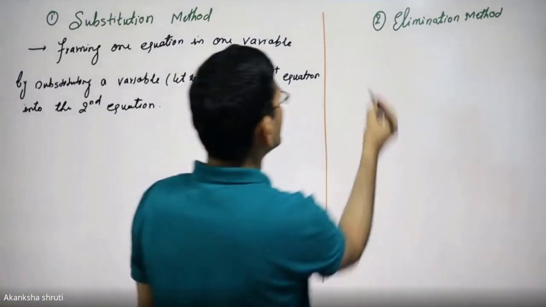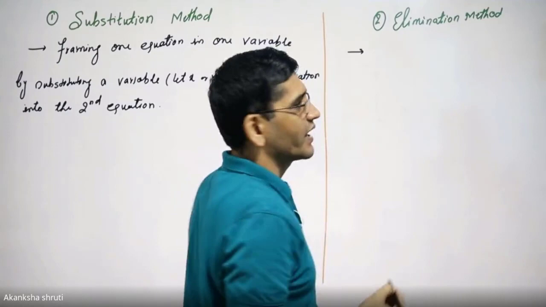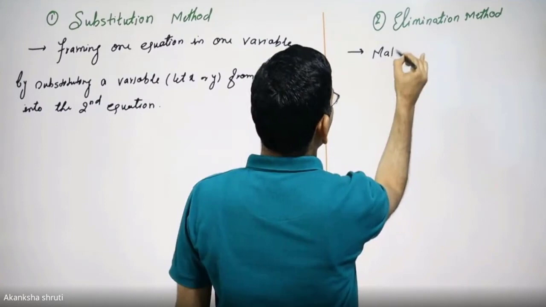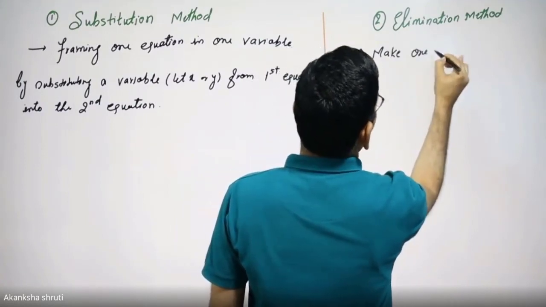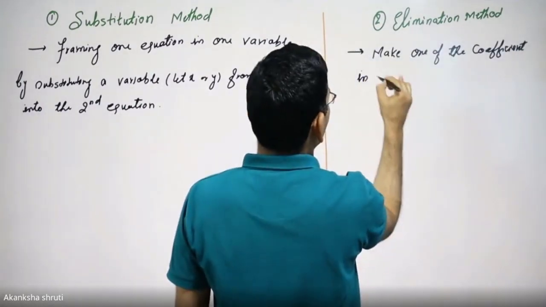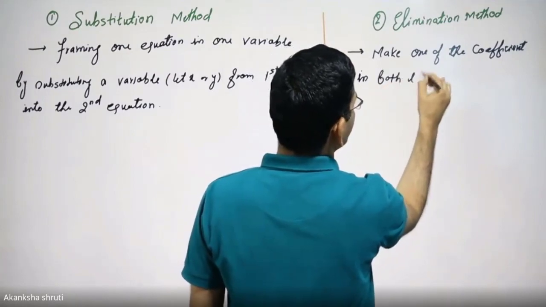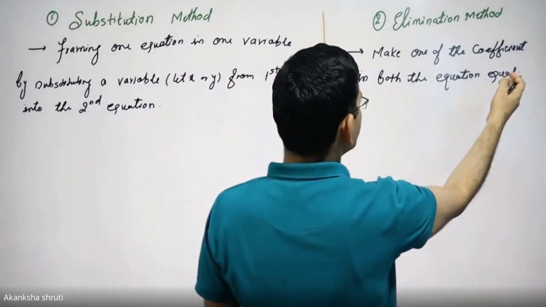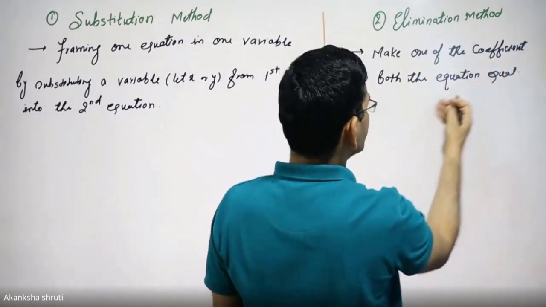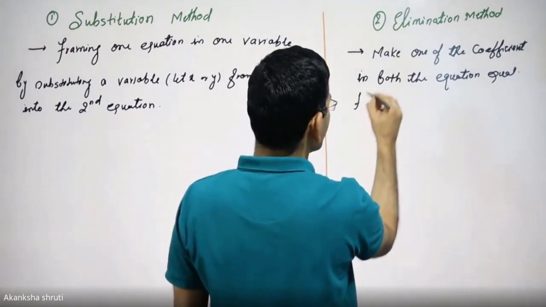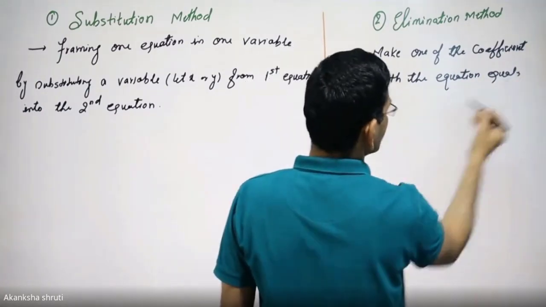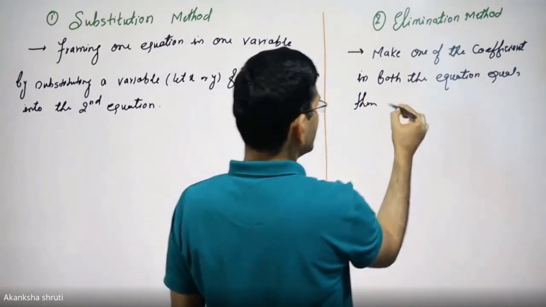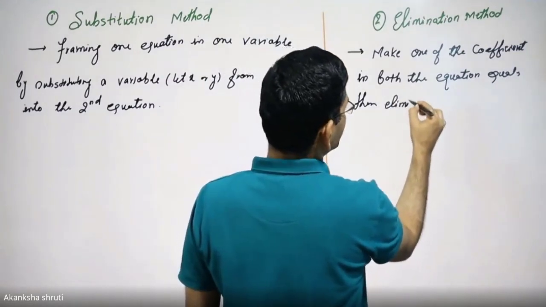But here what we are doing, we are equalizing the coefficients and we are cancelling. Here make one of the coefficients in both the given equations equal. Okay, students, when this coefficient is made equal, then either add it or subtract it. Then eliminate.